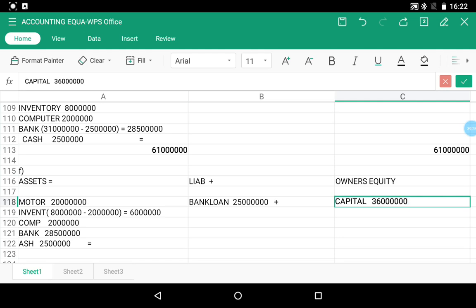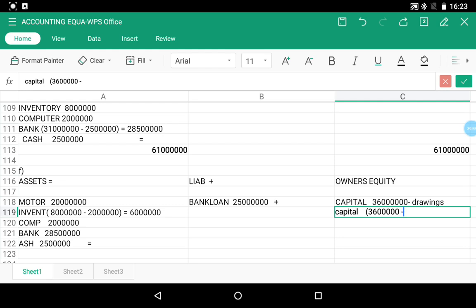So from this capital of 36 million, we shall subtract drawings.